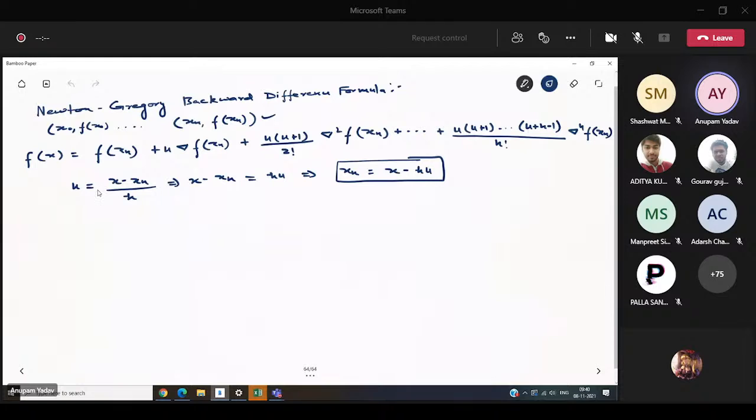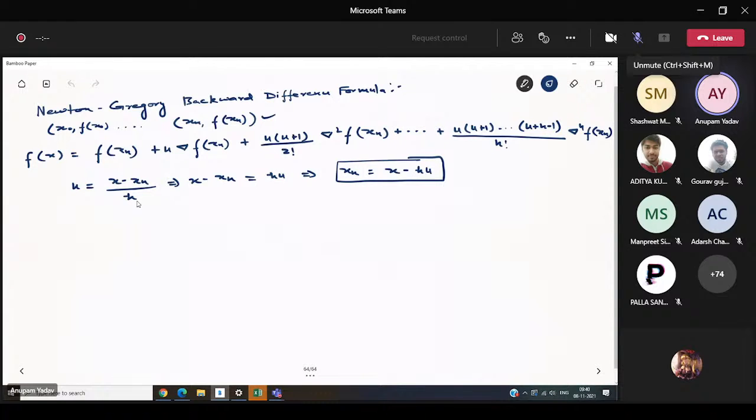In forward difference it was (x minus x0) divided by h, and in backward difference it is (x minus xn) divided by h. Okay, so let me take the same example, and we will try to get an interpolating polynomial with the help of this Newton backward difference formula.